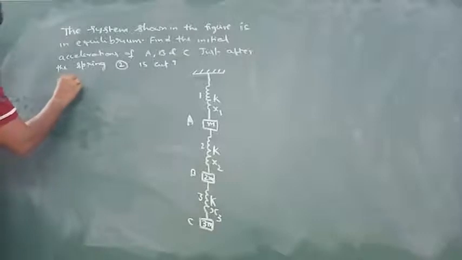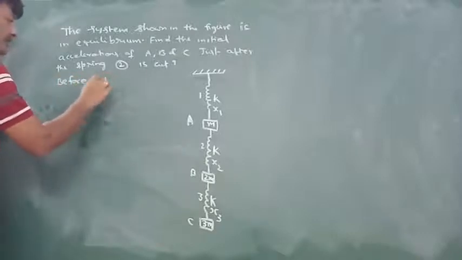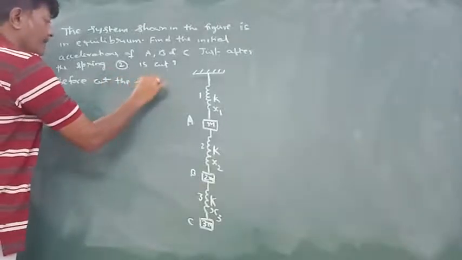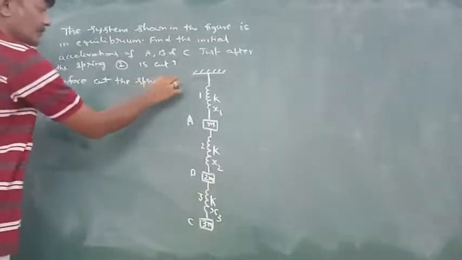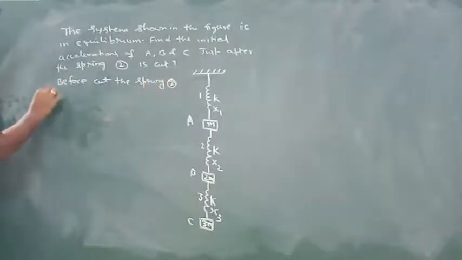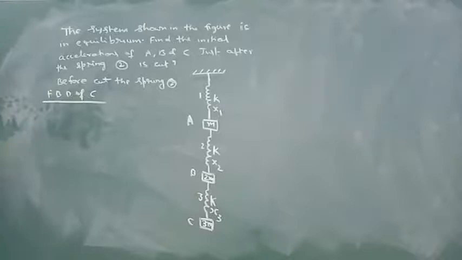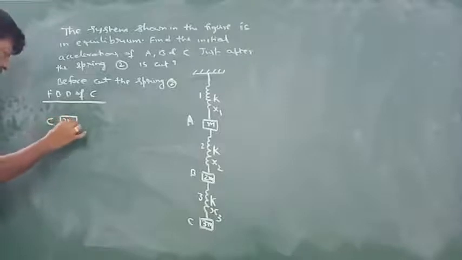Before cutting spring 2, the FBD of C. This is C of mass 3m.